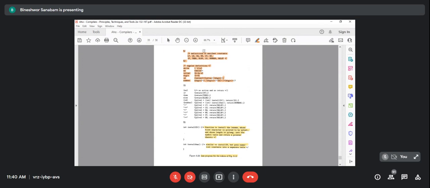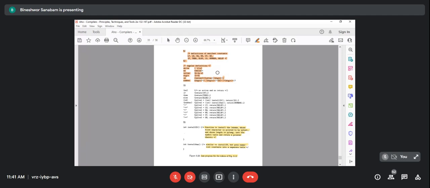Here we have all the definitions of manifest constants and regular definitions. All of it has been included in this declaration part. This given is a lex program for that particular figure 3.12 that I told you to note down when I came to the class. This one that I highlighted is the first section. Each section is separated by this double percentage symbol.